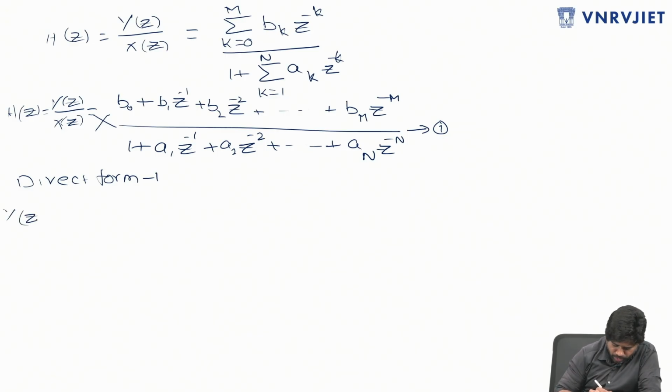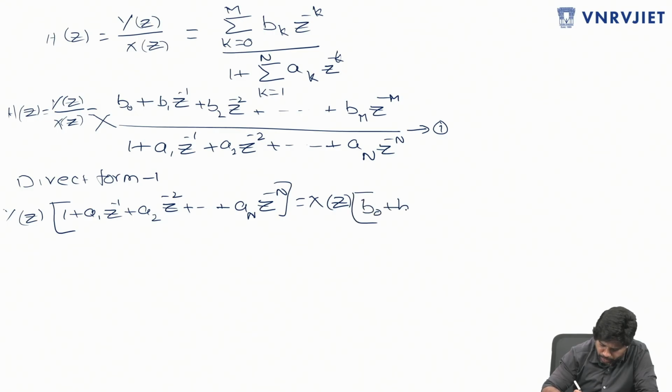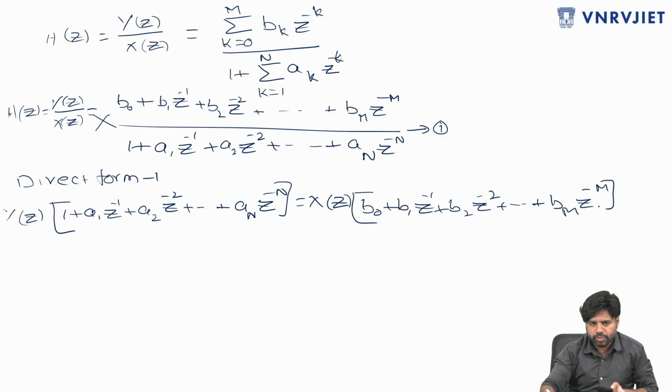So Y of z into 1 plus a1 z power minus 1 plus a2 z power minus 2 plus and so on plus an z power minus n is equal to X of z into b0 plus b1 z power minus 1 plus b2 z power minus 2 plus and so on plus bm z power minus m. So while doing the cross multiplication we got this equation.